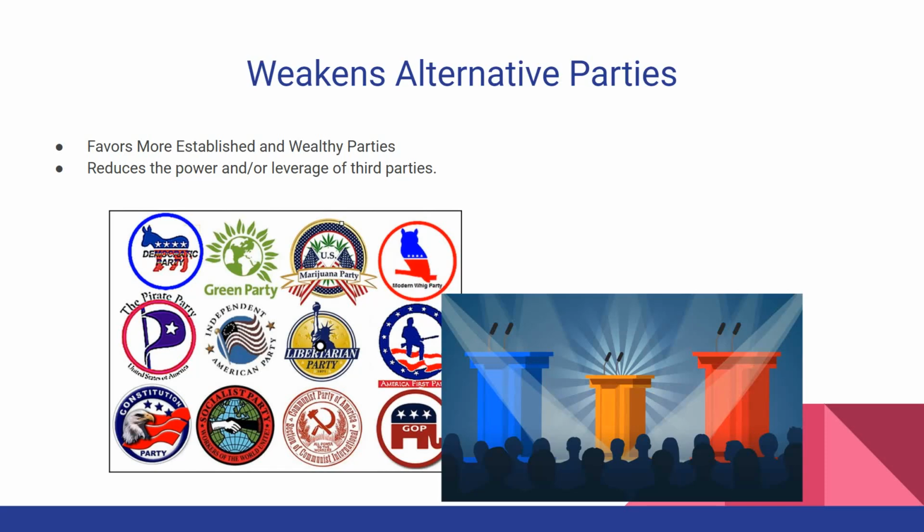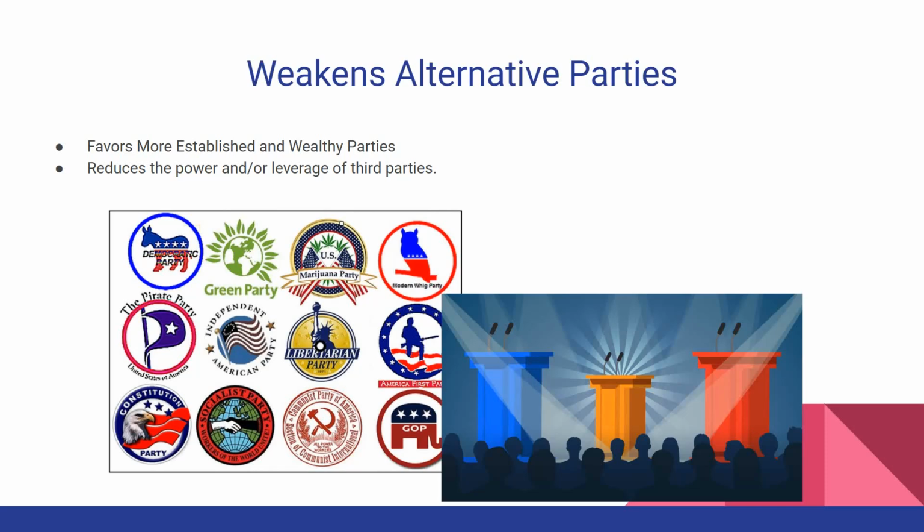It's a lot harder because these types of third parties, being Libertarians, Greens, Peace and Freedom, have a very small voter base. And with top 2, this can undermine them to the point where they can't get a candidate into the general election, which makes it a lot harder for them to have power and leverage over who ultimately wins the election, which is a bad thing completely.